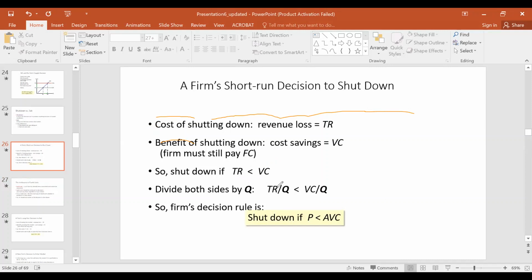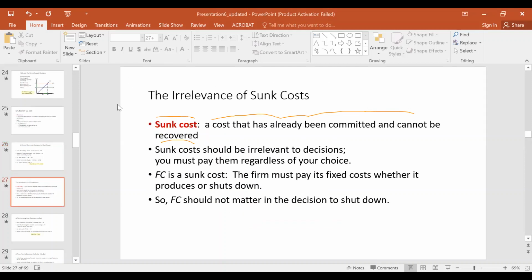Fixed costs, you must pay them anyway, whether you produce or not. So it's a sunk cost, it's irrelevant. Don't think about it when you are making the decision. We'll talk about this in the next lecture video. So fixed costs are also sunk costs. The firm must pay the fixed cost, whether it produces or shuts down. So they are irrelevant. Whether you say, should I produce zero or produce something, you cannot think about the rent of the room because whether you produce or not, you must pay. So it's irrelevant. Look at the variable cost.